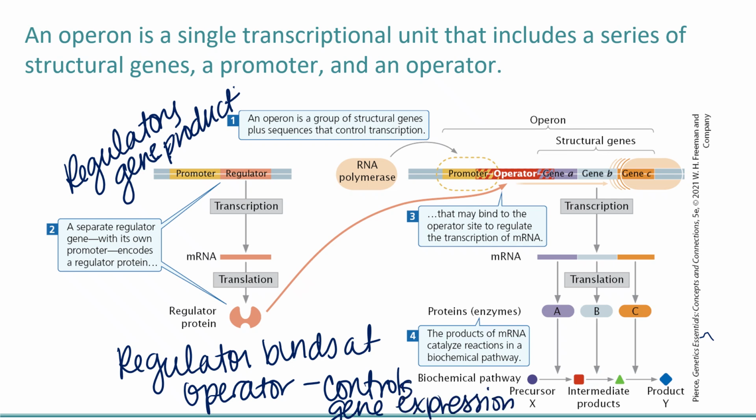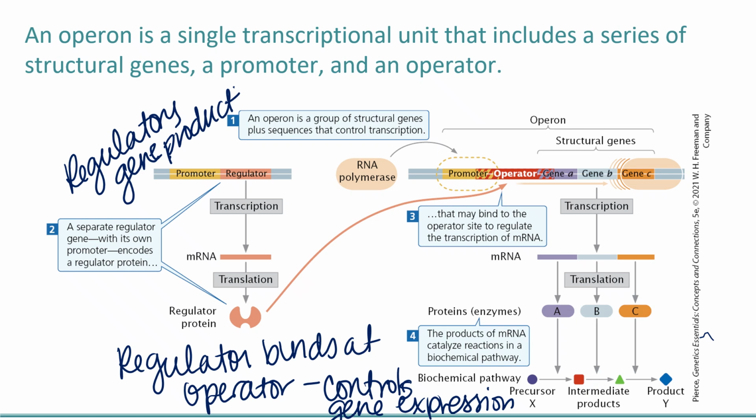And this is where that positive negative control comes in. It can act in a variety of different ways. But whatever it's doing, it's binding to that operator to control whether or not these structural genes in our operon are turned on. And we'll talk about the positive negative control in just a few minutes.